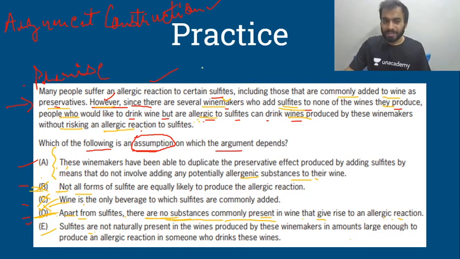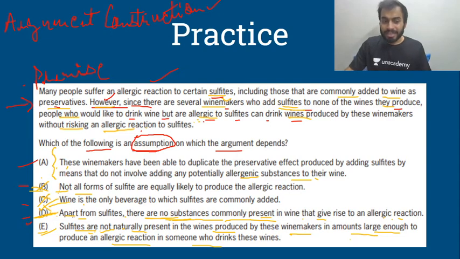However, here we are talking about sulfites, right? So E gives us a stronger proposition by telling us that sulfites, negate this, so this becomes positive. Sulfites are naturally present in the wines produced by these winemakers in amounts large enough to produce an allergic reaction in someone who drinks these wines.